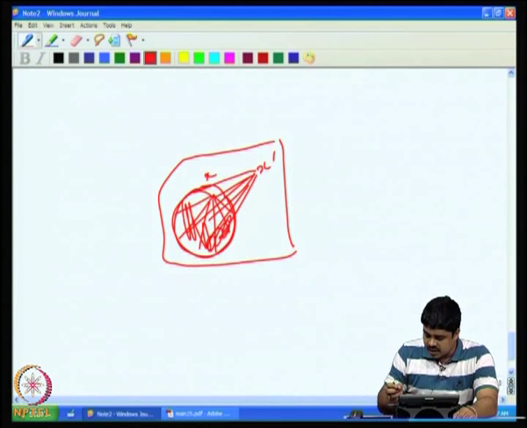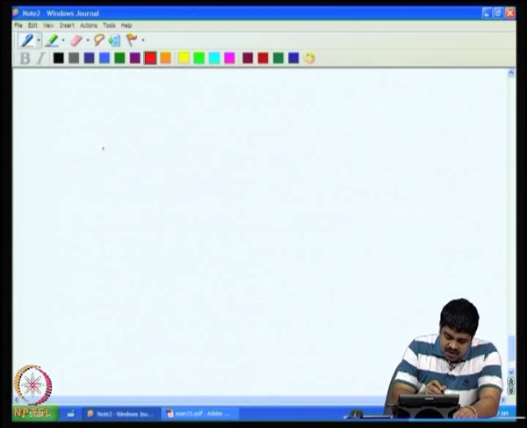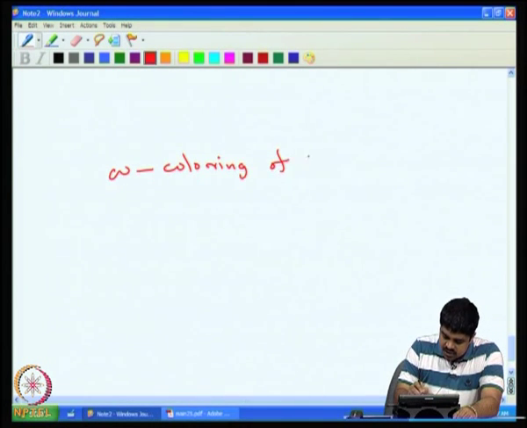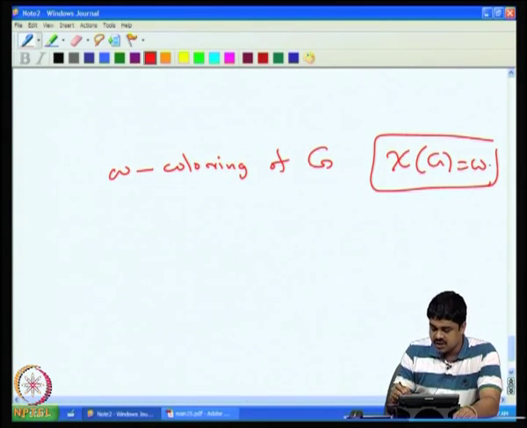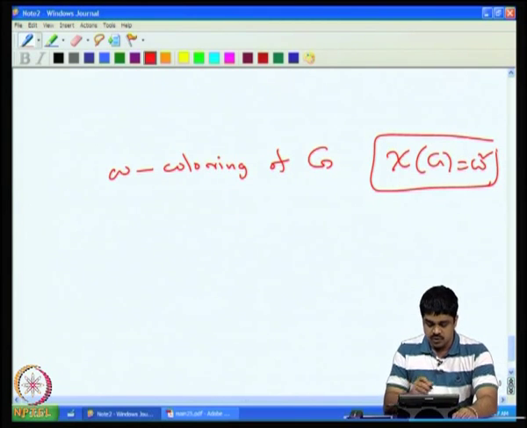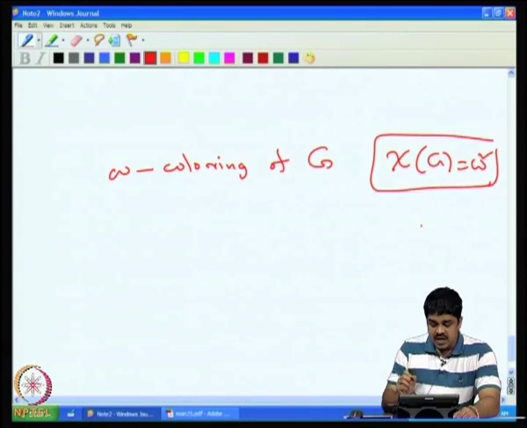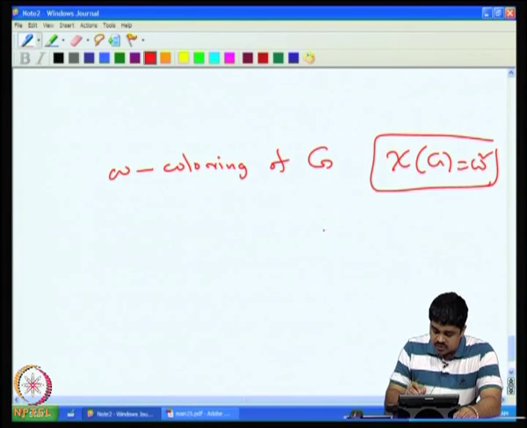But on the other hand, if you consider an omega coloring of G, we know that there is an omega coloring of G since chi of G equals omega, right, because G is a perfect graph by assumption and chi of G has to be equal to omega. So, there is an omega coloring of G. Now, in this omega coloring, x is also in a color class.